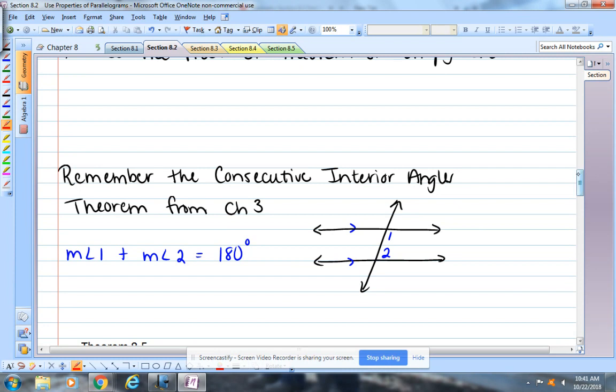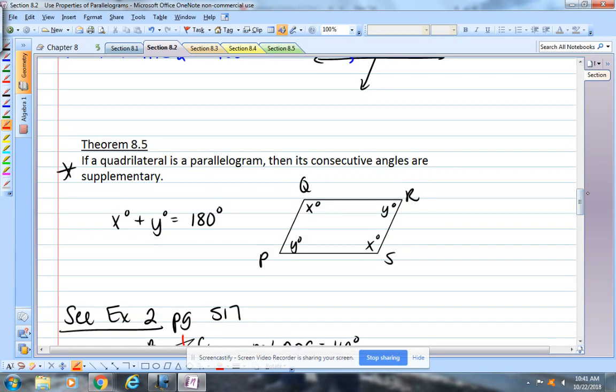Well, guess what? If we have consecutive interior angles on a parallelogram, this line is parallel to this line. So that means PQ is like a transversal to that. These two are also going to be supplementary. Same thing with these two.